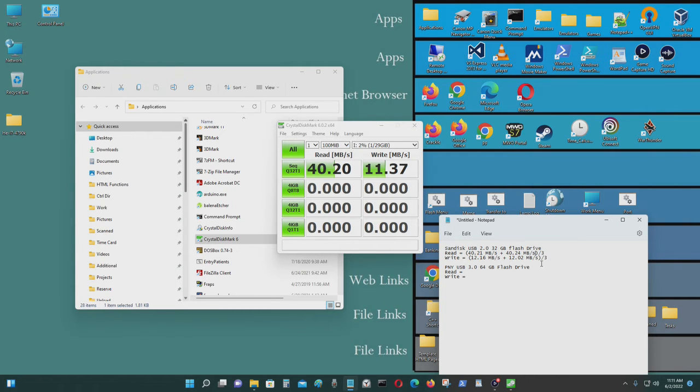So the next number I got was pretty close to the last one. This is megabytes per second, not megabits. So let's see what I get.